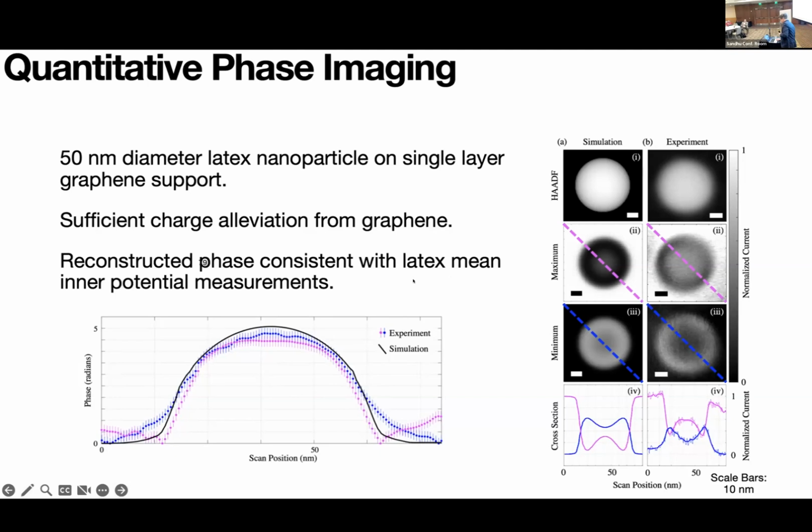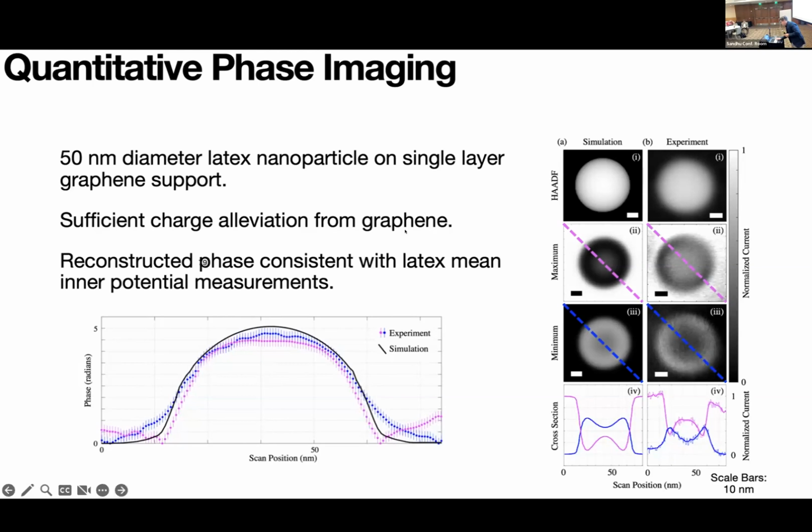There's phase introduced to the electron as it enters the material. The mean inner potential is acting as an index of refraction, just shifting the phase of the electrons, and that's what we're sensitive to here. However, it's also scattering electrons, so this PAD signal detects scattered electrons. Those are the bombs, the scattering bits.